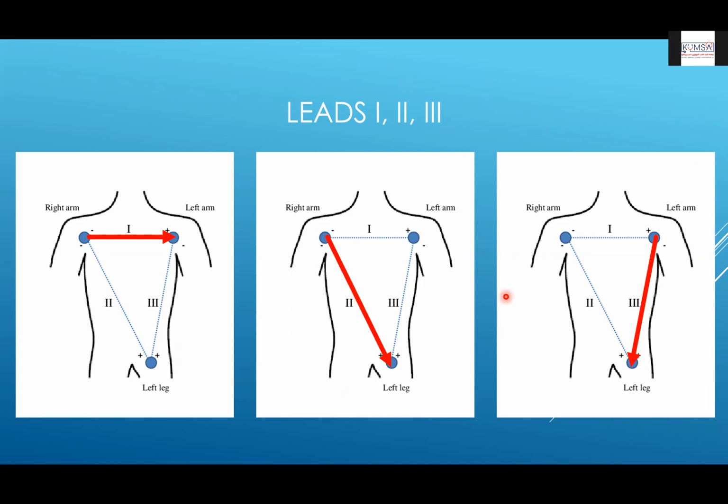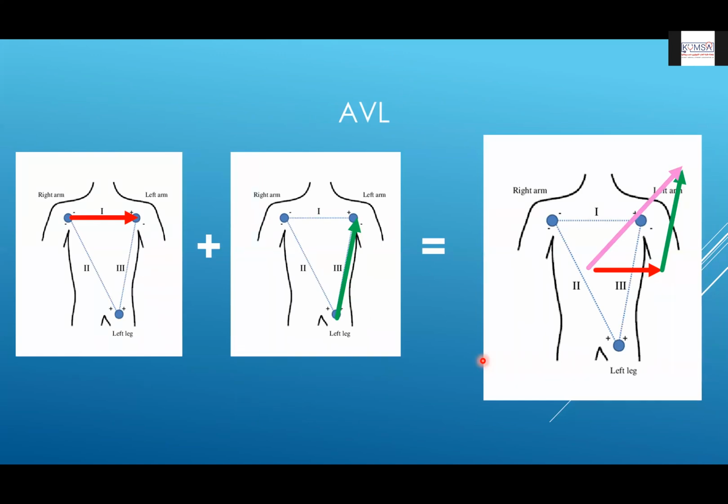Now, when it comes to the augmented leads, some people may be a little more confused about augmented limb leads. So we'll take them one by one. Looking at AVL, it's an average of 2 vectors. So it takes impulses from the right arm to the left arm, and then it also takes impulses from the left leg to the left arm.